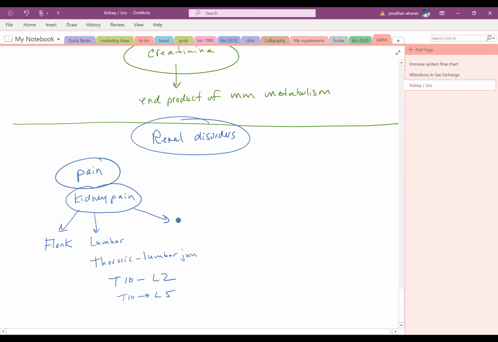And then pain can radiate to the groin, down to that inguinal area. So they'll point to the actual kidney area, the flank, the thoracic lumbar, down to the groin. Any of those can be a sign and symptom that something's going on with the kidney.